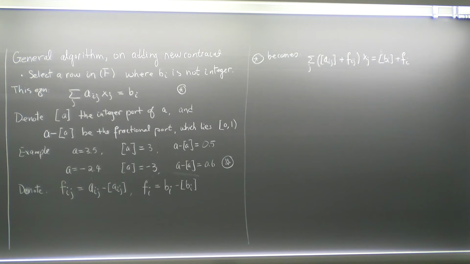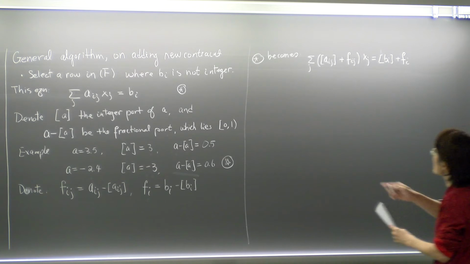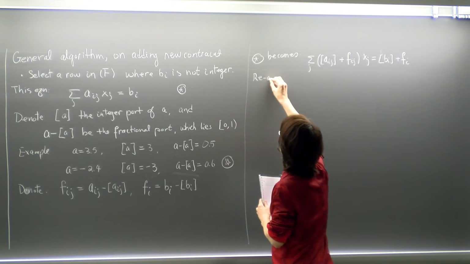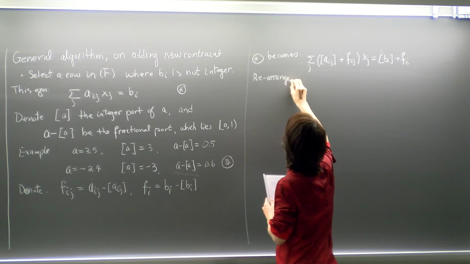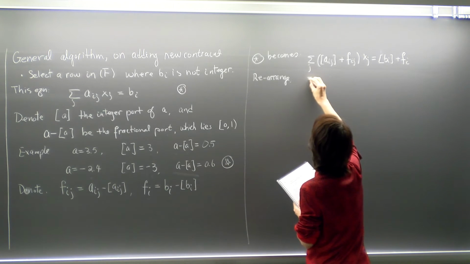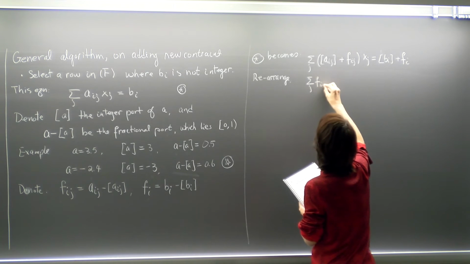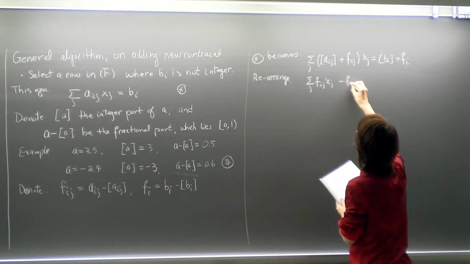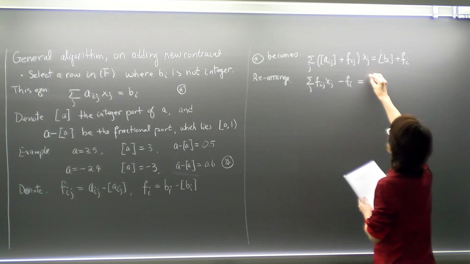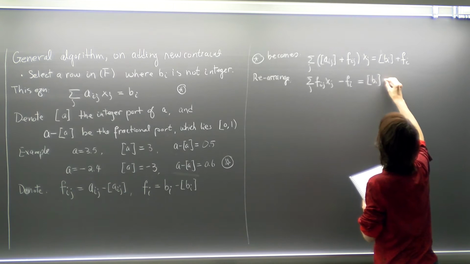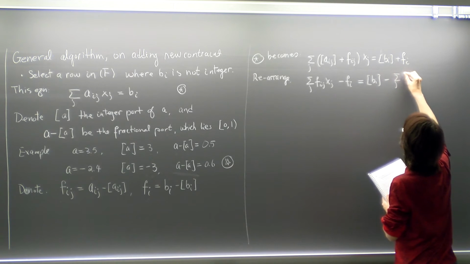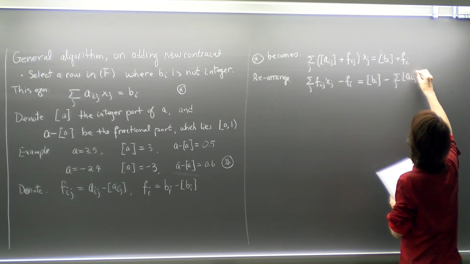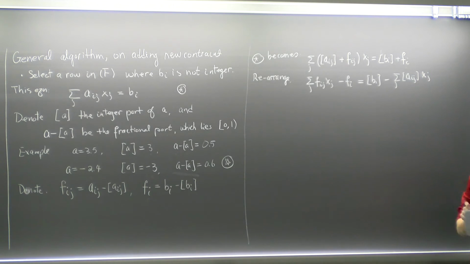We keep the fractional parts on the left and move all the integer parts to the right. So rearrange: fractional parts on the left, so I have summation over Fij xj, and then I take this fractional part Fi, and move everything integer to the right-hand side. Remember doing that for the first example?